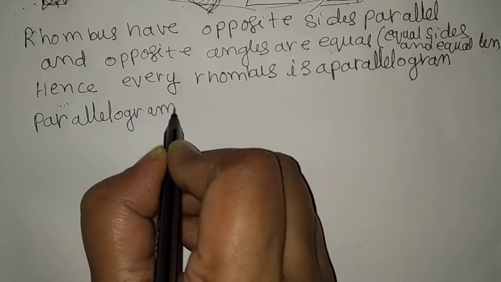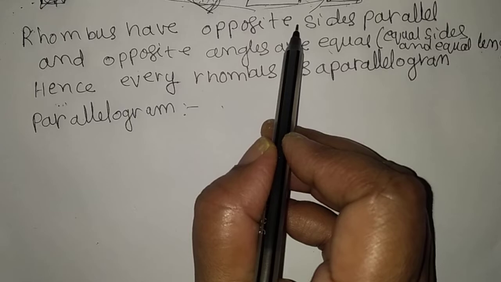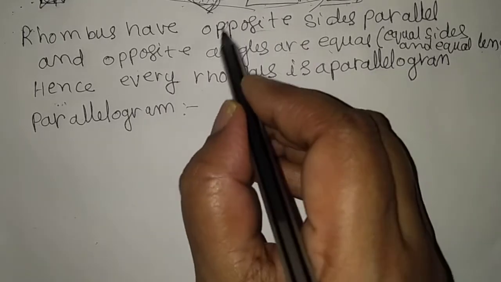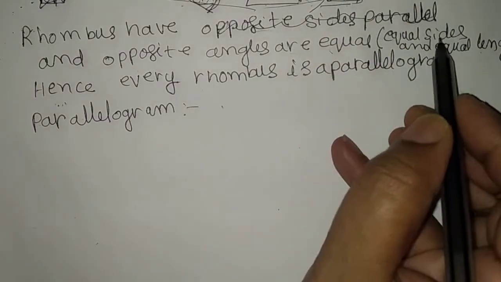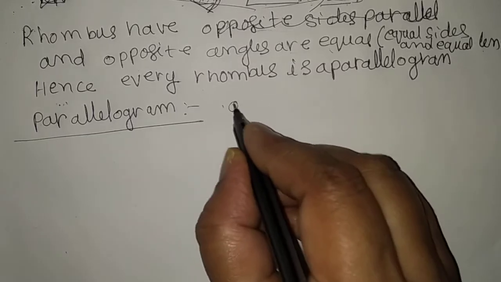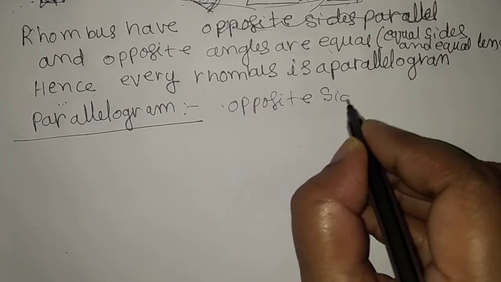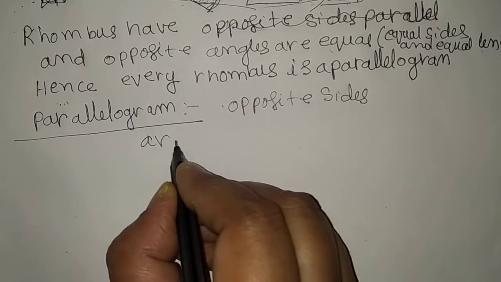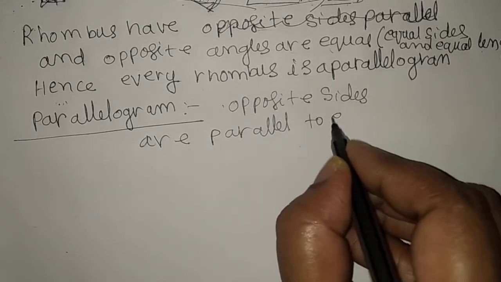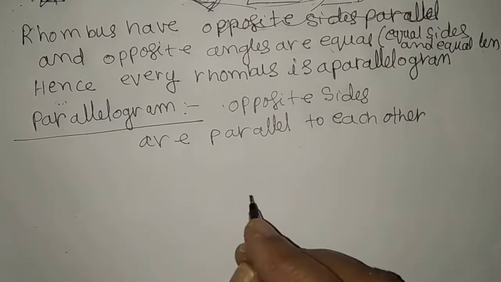In the parallelogram, opposite sides are parallel to each other, and opposite angles are equal. That's all. So the answer here is true.